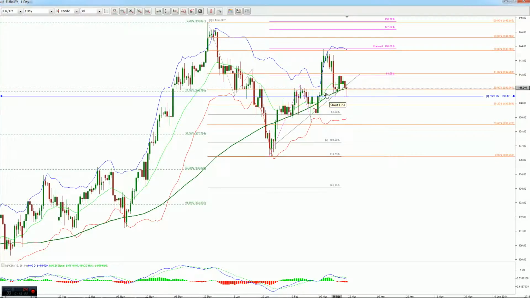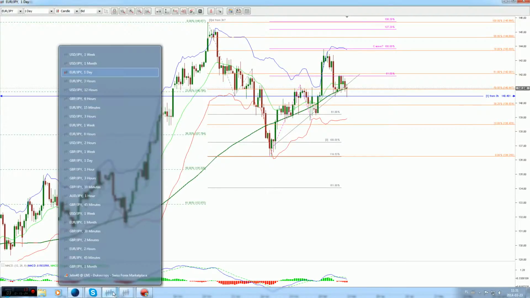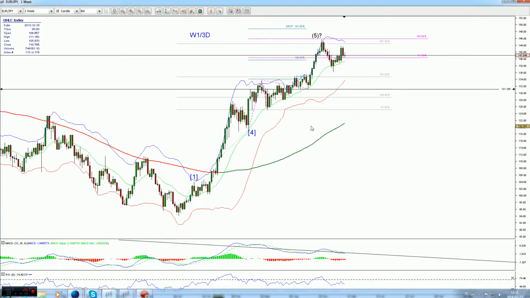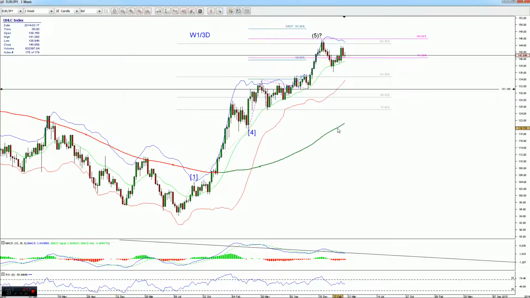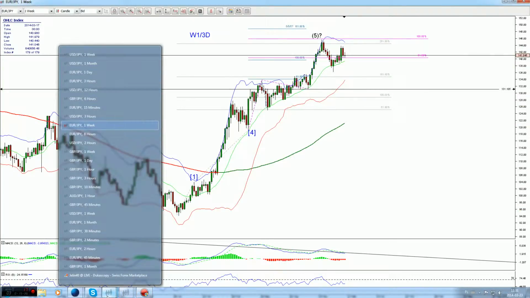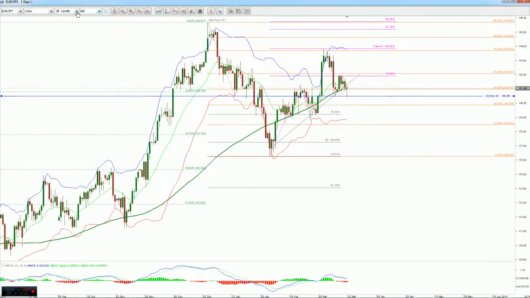So this is above the moving average 100 on the daily chart, and of course above moving average 100 on the weekly chart as well. So they consider it still as an upward trend. So this could be an issue. But okay.